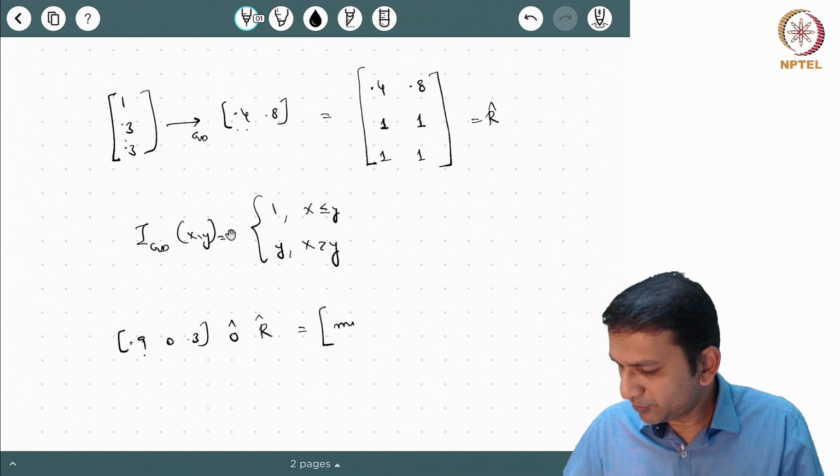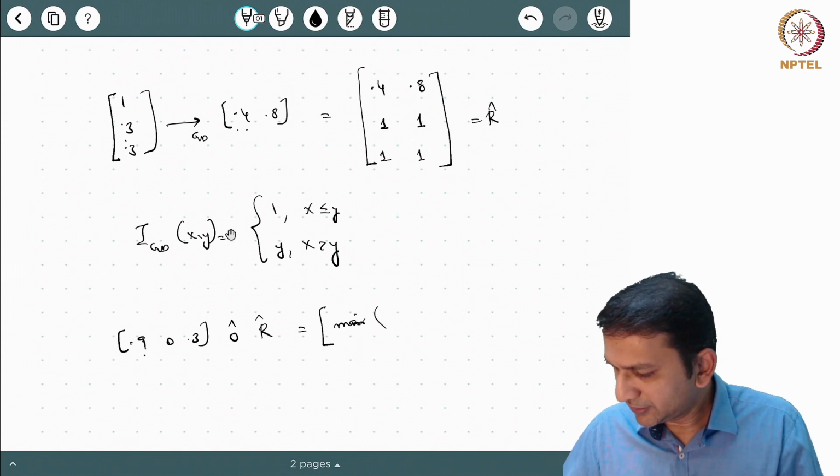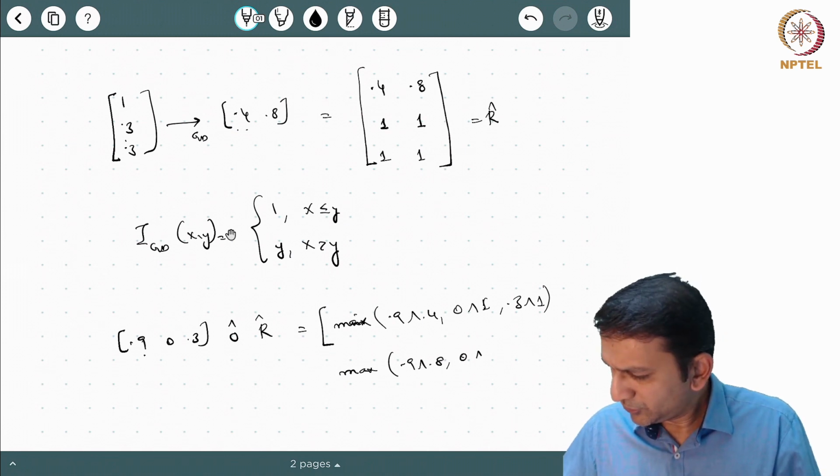So the first component is the maximum of the min of 0.9 and 0.4, 0 and 1, 0.3 and 1. And the second is the max of the min of 0.9 and 0.8, 0 and 1, 0.3 and 1.